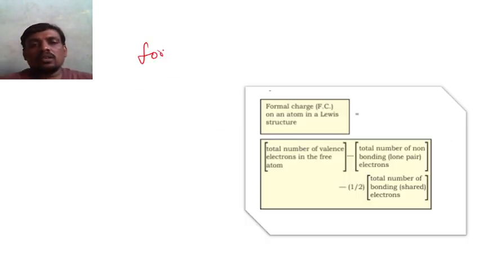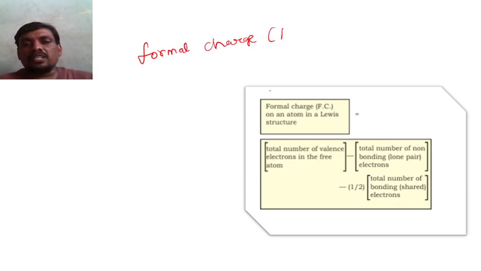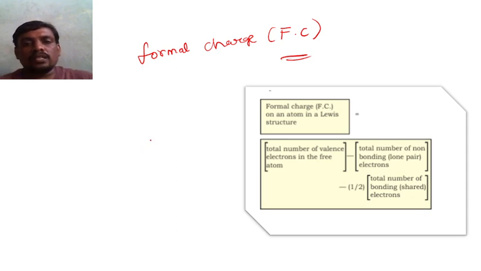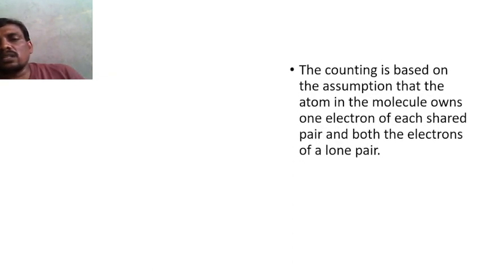Formal charge, abbreviated Fc, of an atom in a Lewis dot structure equals the total number of valence electrons in the free atom, minus the total number of non-bonding lone pair electrons, minus 1 by 2 into the total number of bonding shared electrons, generally called the formal charge.